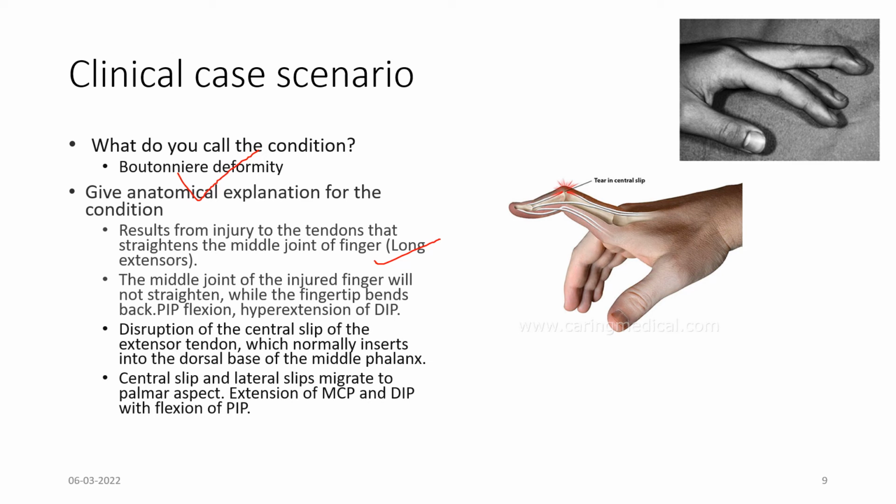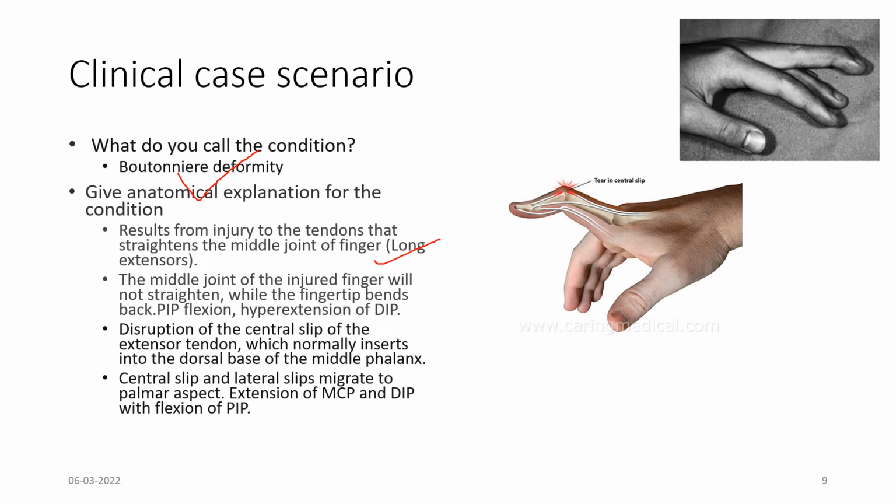There is a disruption of the central slip of the extensor tendon that gets inserted into the base of the middle phalanx on its dorsal aspect, and then the lateral slips migrate towards the palmar aspect.